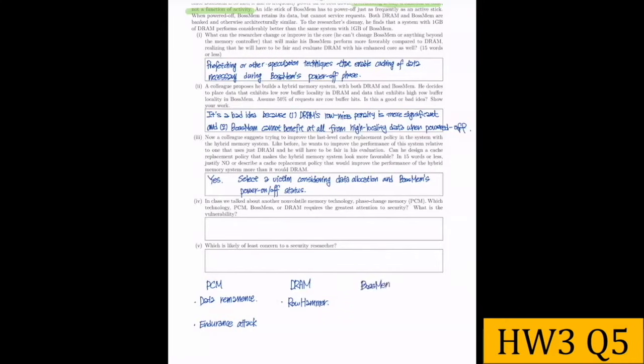And how about BOSMEM? This question does not assume any limitation in its endurance or something like a RowHammer effect. So it has only the data remanence problem, as it is also non-volatile memory.